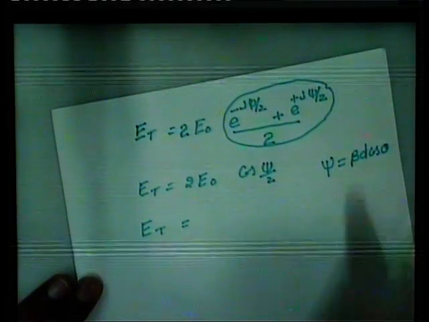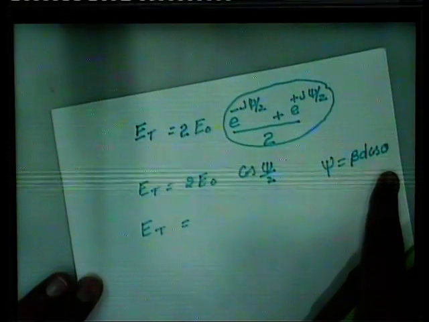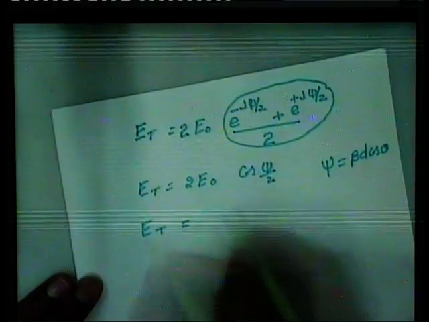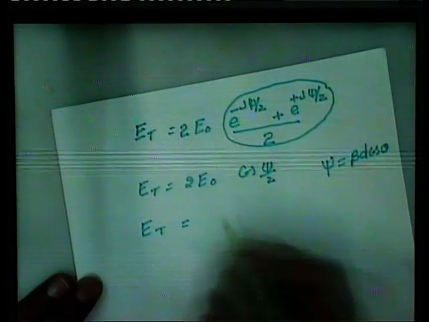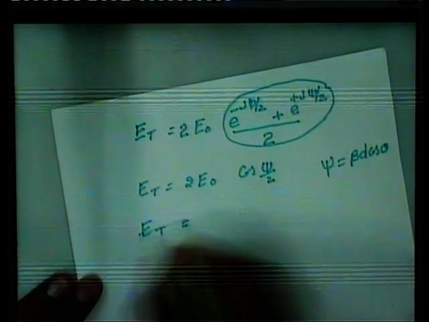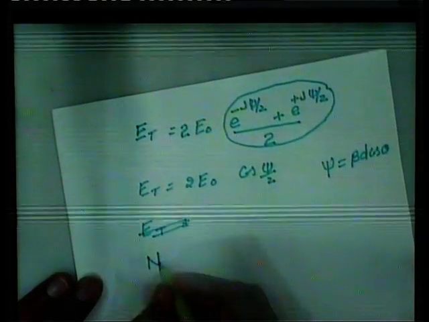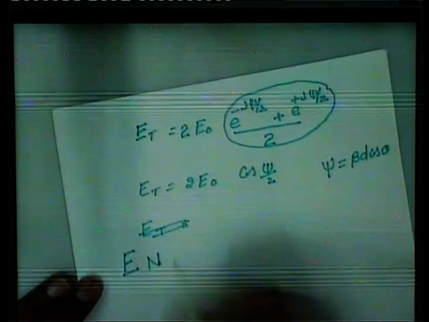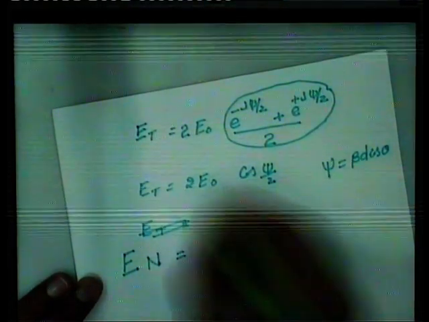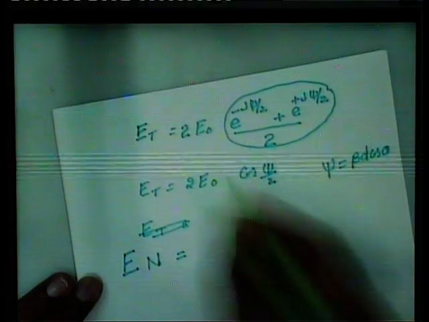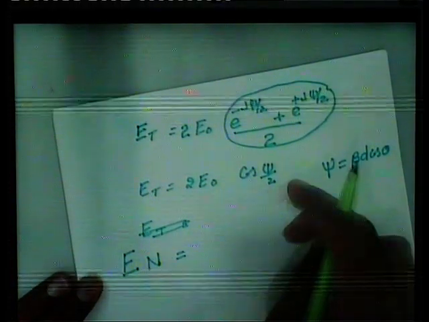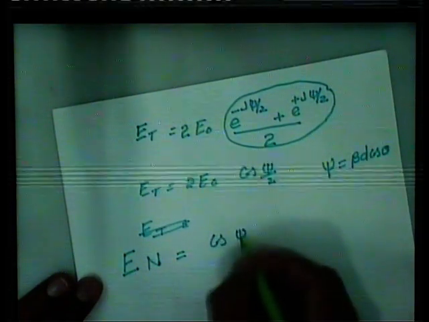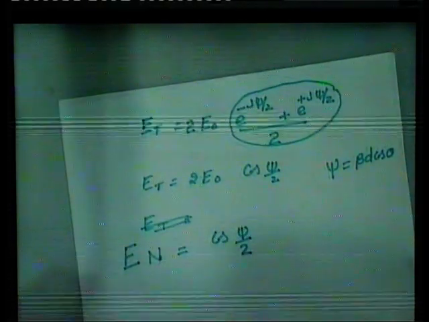Beta is the phase constant, d is the spacing between the elements, and theta is the angle. For simplicity we normalize this. If we divide by the maximum value, we get the normalized value. The maximum value of this field is 2 E naught. If we divide by 2 E naught, we get the normalized field, which is equal to cos psi by 2.